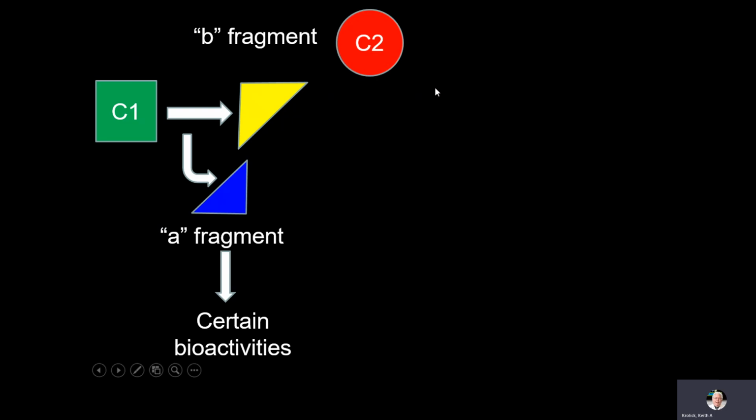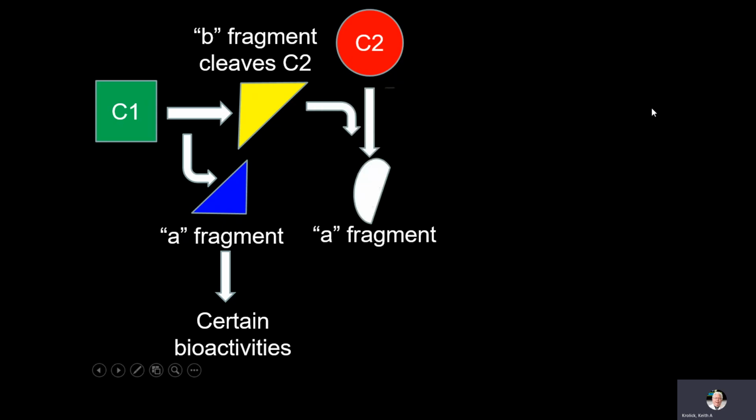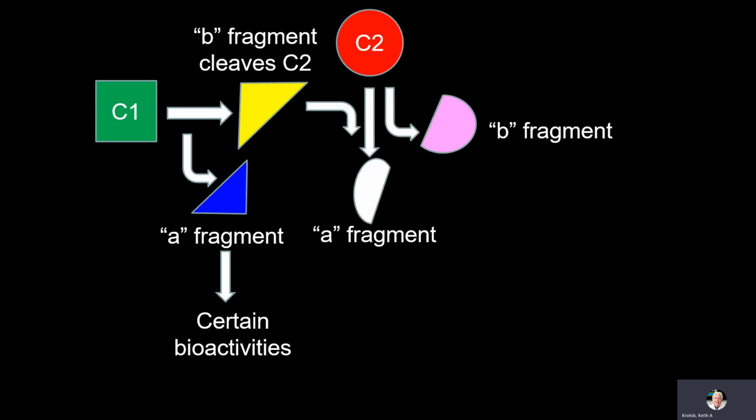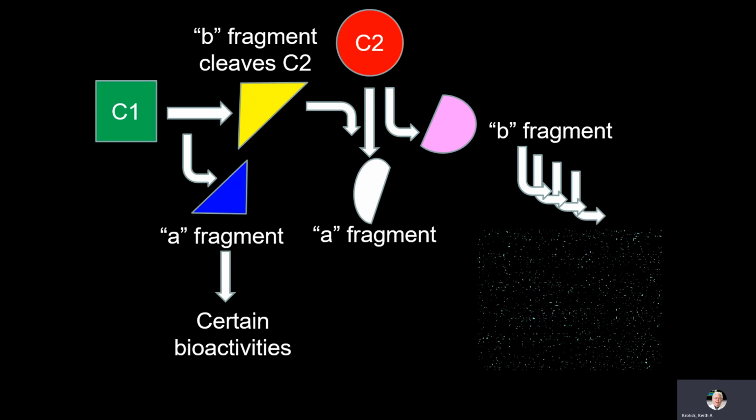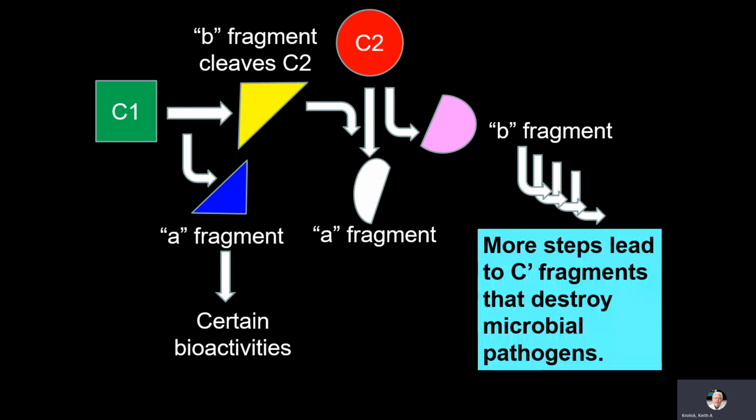And that is an activity that allows it to cleave and thereby activate the next component of complement, C2. So now this B fragment goes over and cleaves C2, and C2 then ends up becoming two fragments, C2A and C2B, and then one of those fragments is able to cleave and activate C3, and C3 does the same thing to C4 and 5 and 6 and all the way up to about C9.